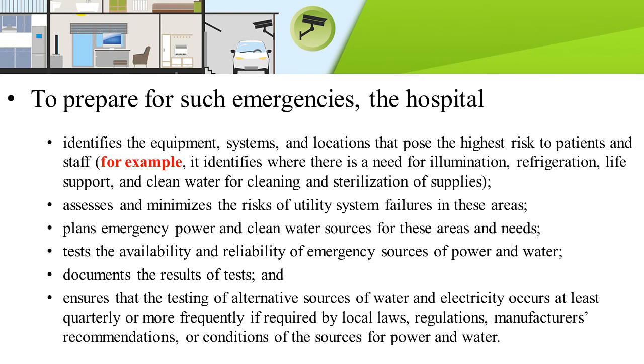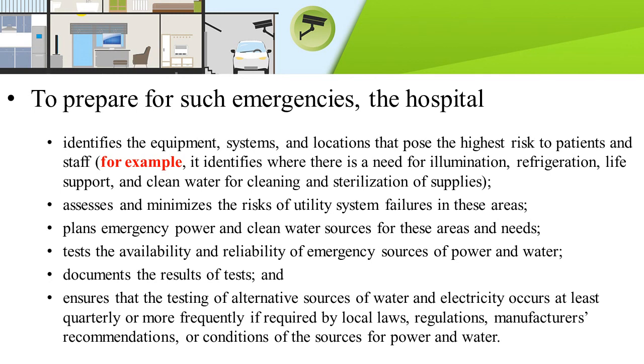We defined the major steps each hospital should take to prepare for such emergencies. First, identify the equipment, systems, and locations that pose the highest risk to patients and staff. Then, assess and minimize the risks of utility system failures in these areas, and plan emergency power and clean water sources for these areas and needs.